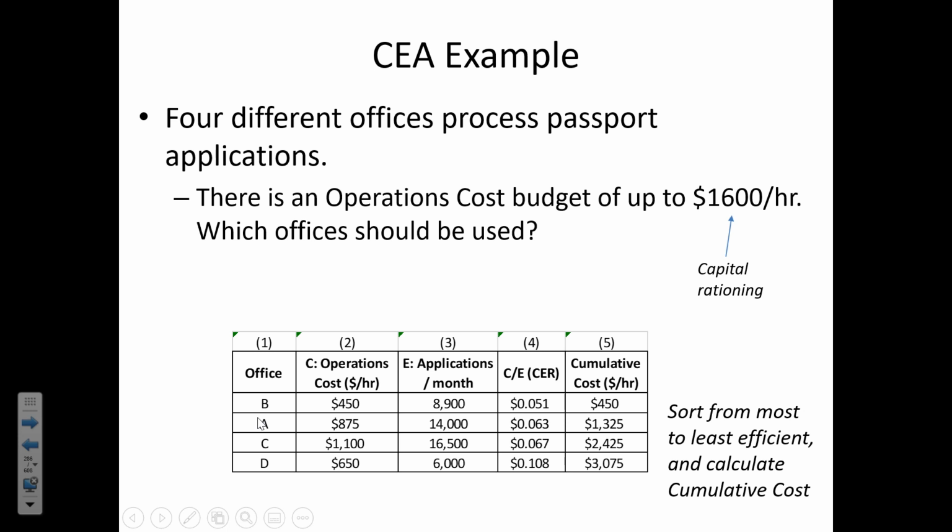If we had open any other combination of offices, it's going to be less number of applications that are processed. So the idea of capital rationing is you have multiple alternatives, and you're going to accept as many of those alternatives as you've got budget for. But your top priority should be funding the office that is most efficient, and then the second best option, and then you leave your least efficient option for the very last.